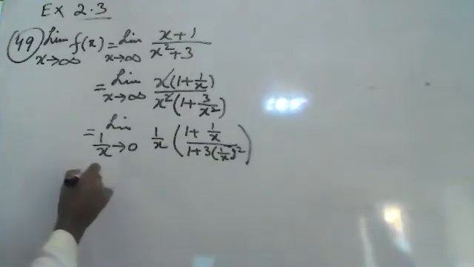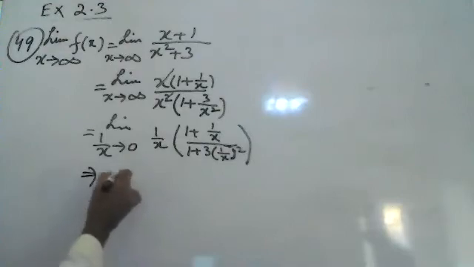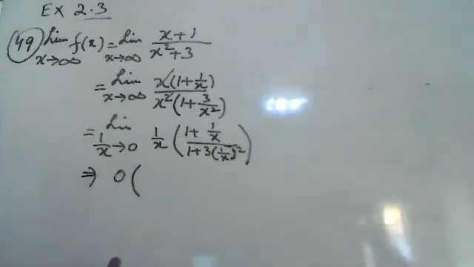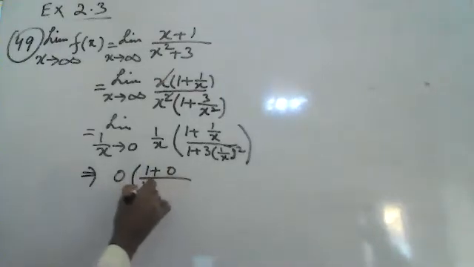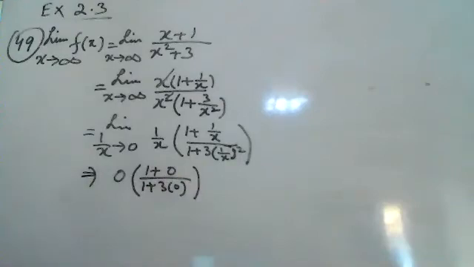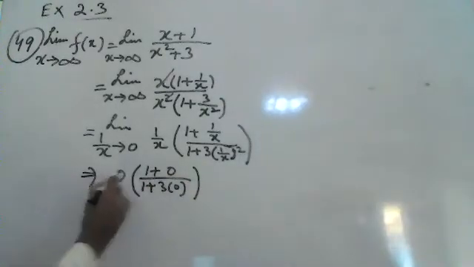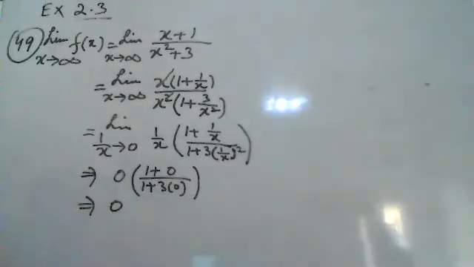Now substitute the limit, 1 over x is 0, into (1 plus 0) upon (1 plus 3 into 0). So 0 into something, the answer is 0. The limit is 0.